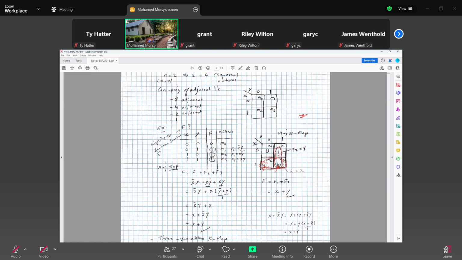So we have F1 here and F2 here because we have only 2 groups. Each group corresponds to a fundamental product. So this group is F1. And how do we get the product term? Again, we put the group into a box. We determine the box which contains this group. Then we look towards the x variables, horizontally.